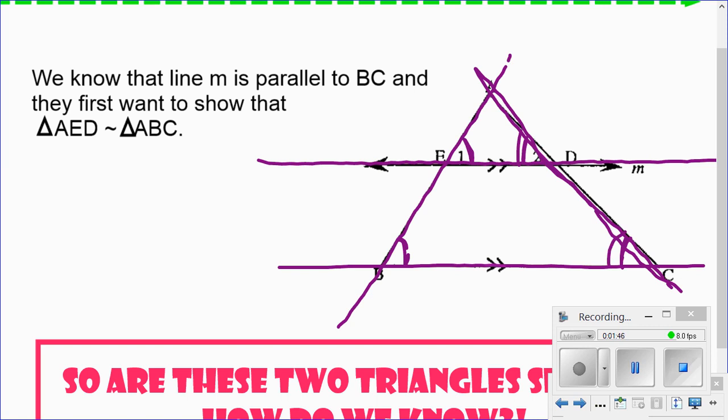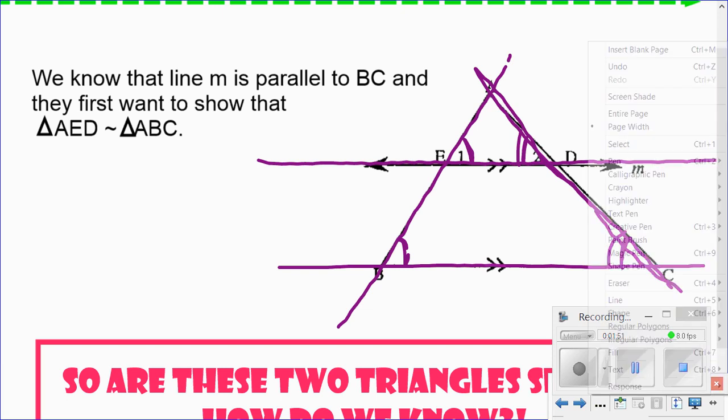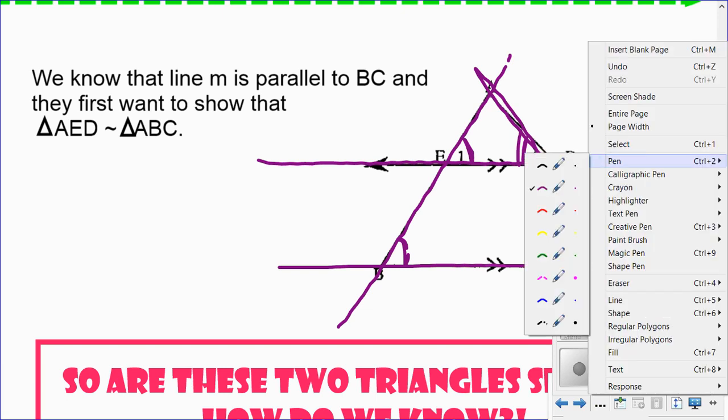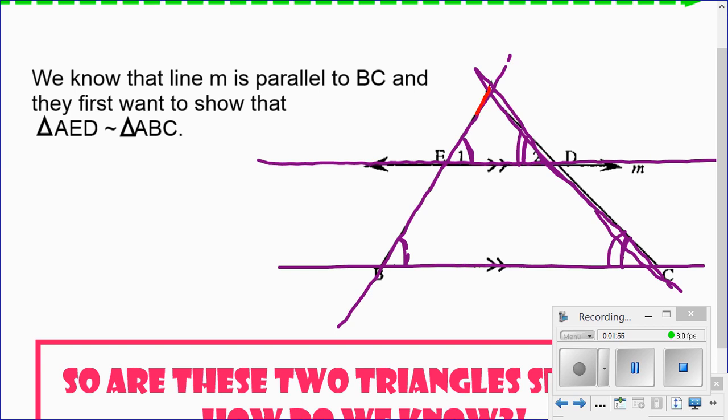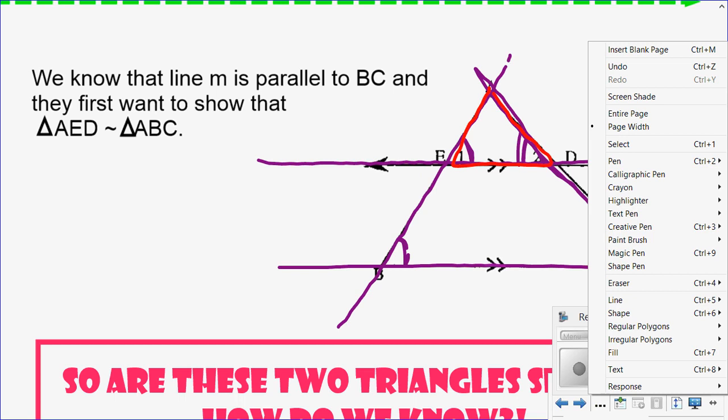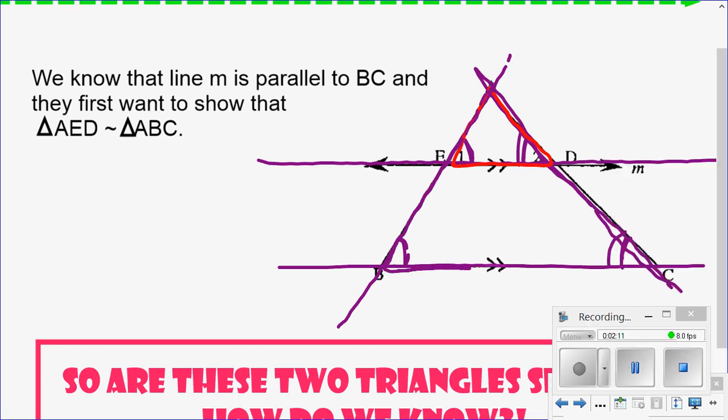So now, if I'm looking at this top triangle, let me see if I can make that a different color, that top little triangle there, that triangle in red, versus the triangle that's already there, the big one in purple. Let me see if I can highlight that again. The one in purple right here.